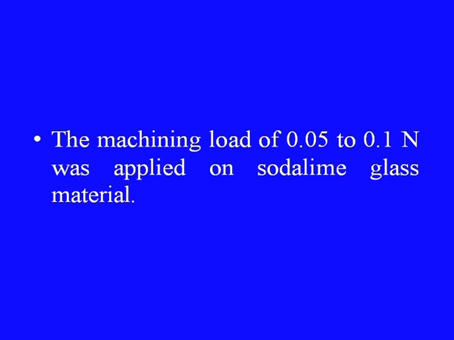A machining load of 0.05 to 0.1 Newton was applied in order to machine the soda lime glass material. So, this load is also considerably very less, 0.1 Newton is quite a small load.